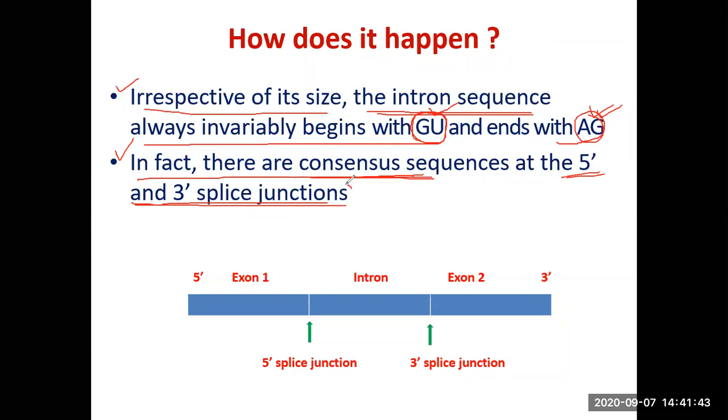What people have done is screen so many exon-intron junctions. This is an exon-intron junction. So this is exon 1, or what I said is the upstream exon. This is the downstream exon, right? This is the 5' end of the exon, so therefore this is going to be the 3' end of the exon.